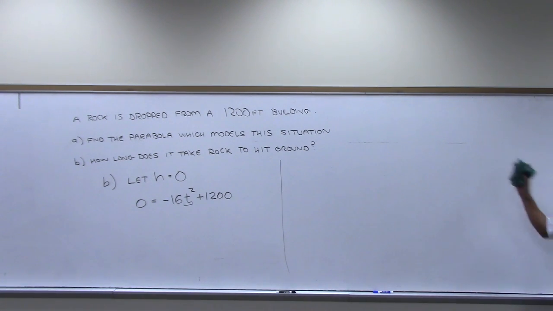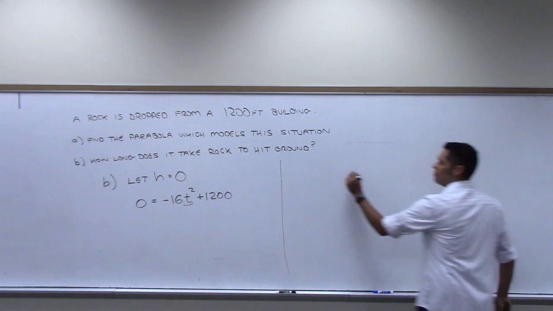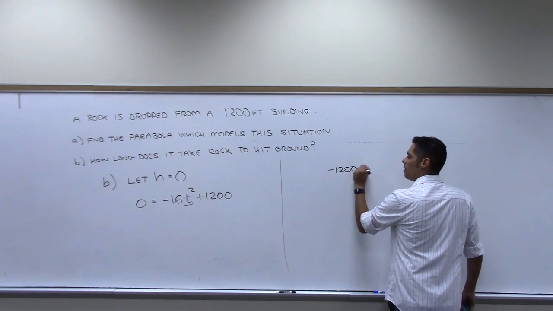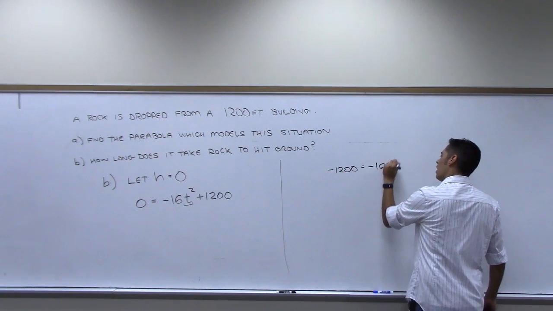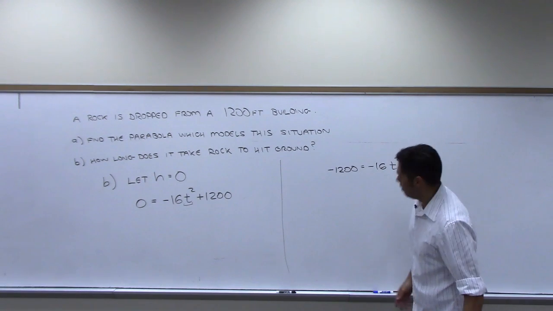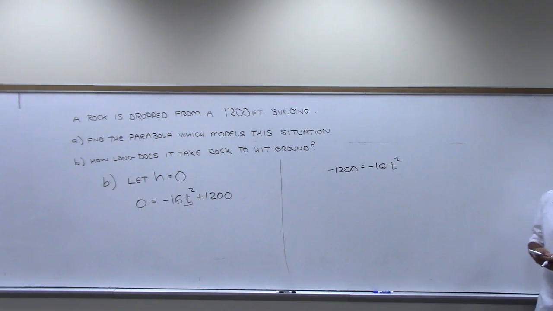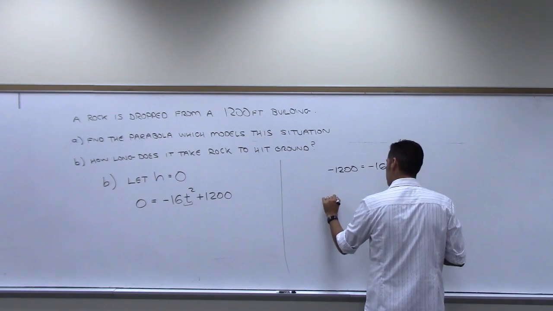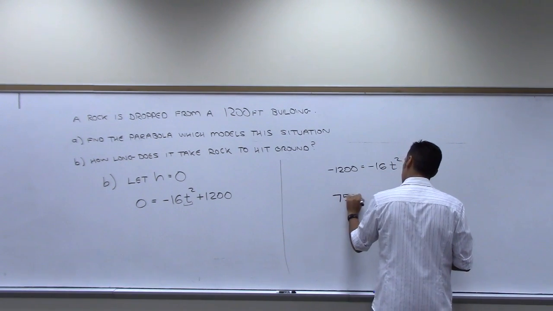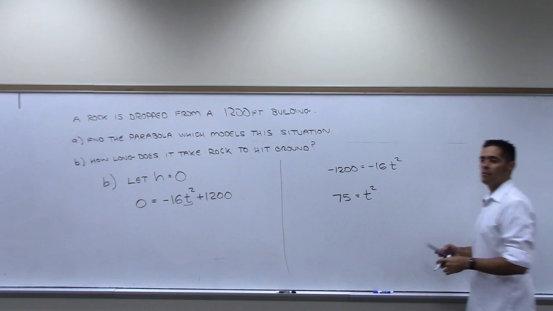So move the 1,200 to the left side, and it becomes negative 1,200 equals negative 16 t squared. Divide t squared by negative 16, and you should get 75 is equal to t squared. You got that?